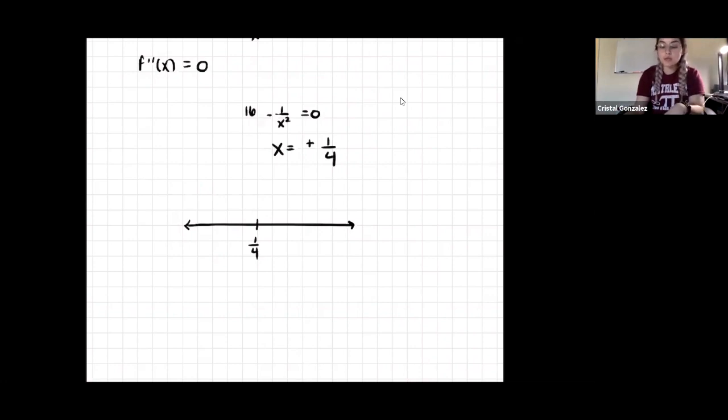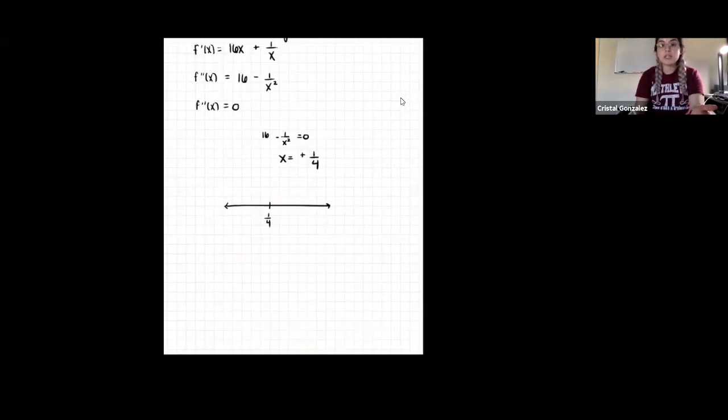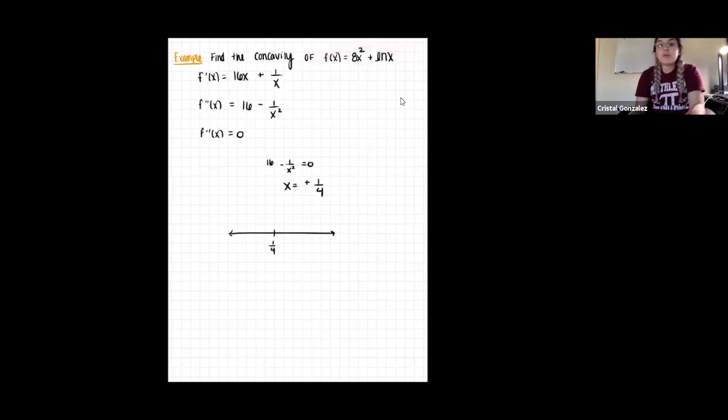Well, I can't do that because, for one, my function is not defined here. And we can't actually test 0 because if I test 0, then it will end up here in the denominator.